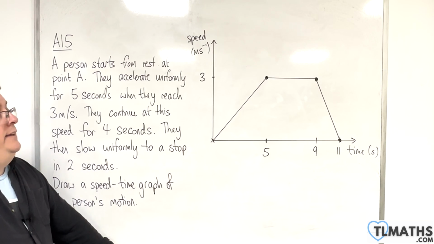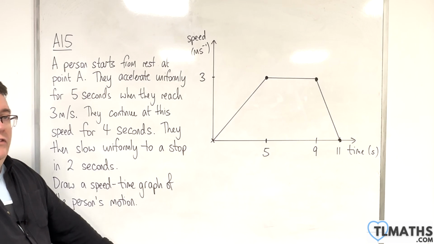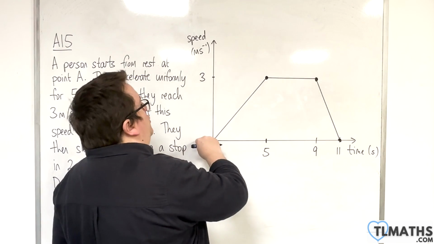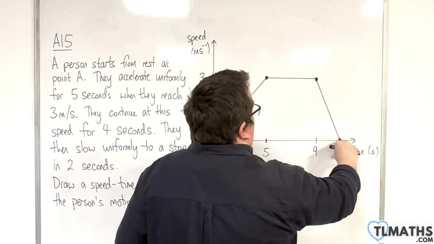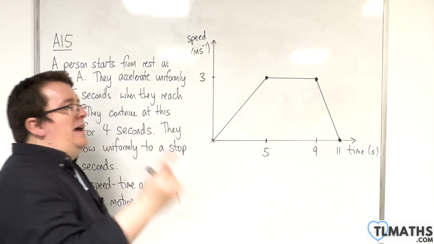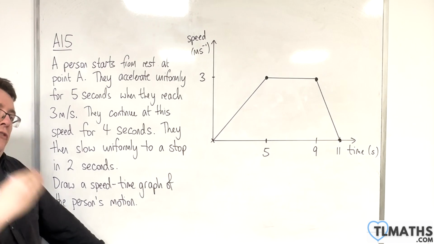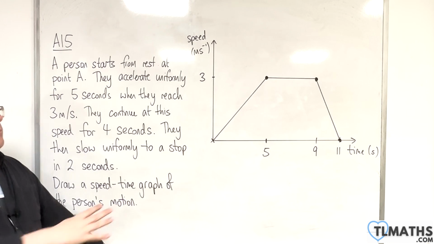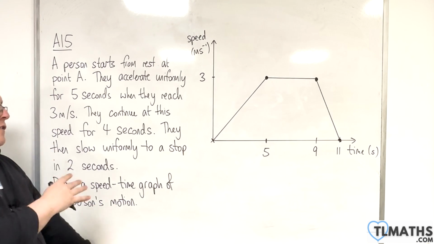That is not the case for speed time graphs or velocity time graphs. Getting back to the time axis here means that your speed or your velocity is 0. So when you are on the time axis, that means you are stock still, you're stationary. You're at rest. So here is my speed time graph for this scenario.